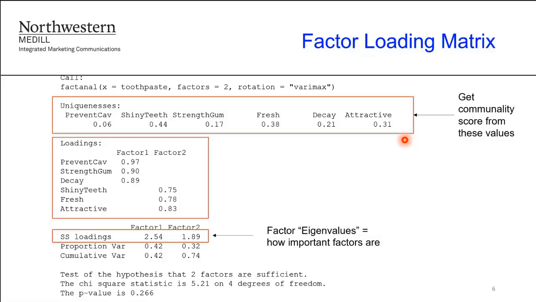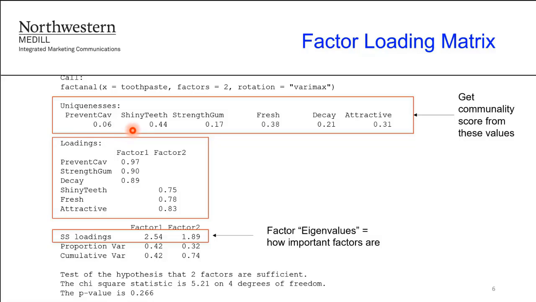If the communality for a certain variable is over 0.5, then we want to keep that variable. Take a look here: 1 minus 0.06 is definitely over 0.5, so the communality for prevent cavity is over 0.5, and we want to keep this variable.